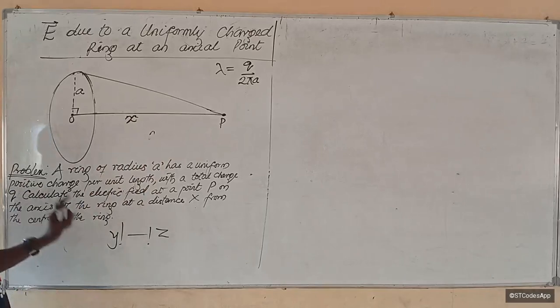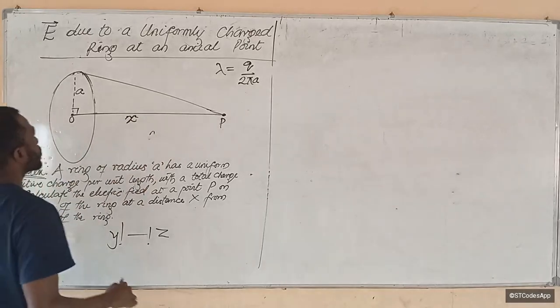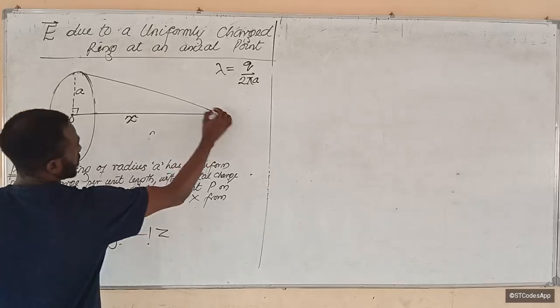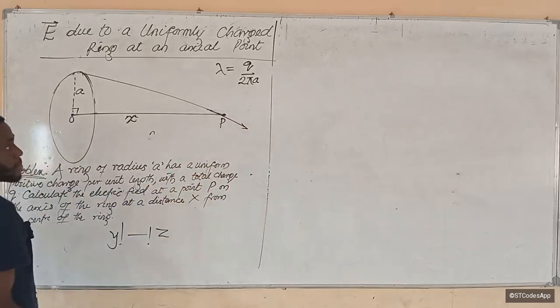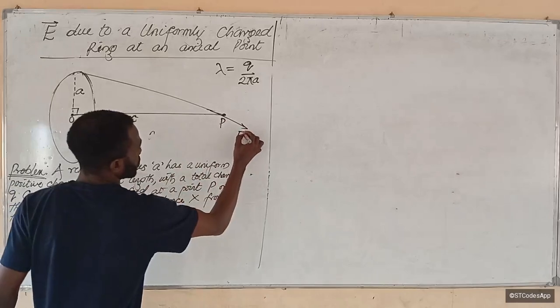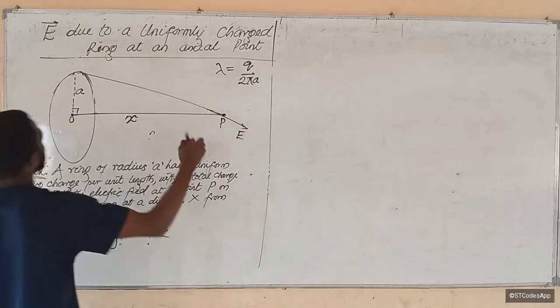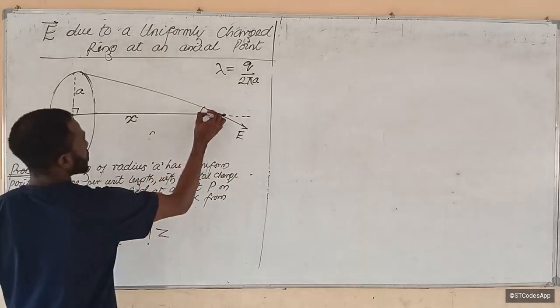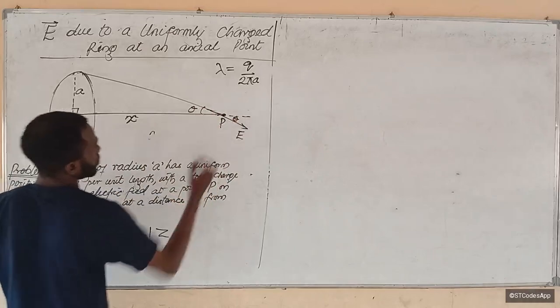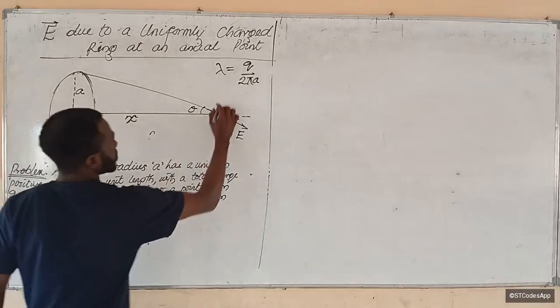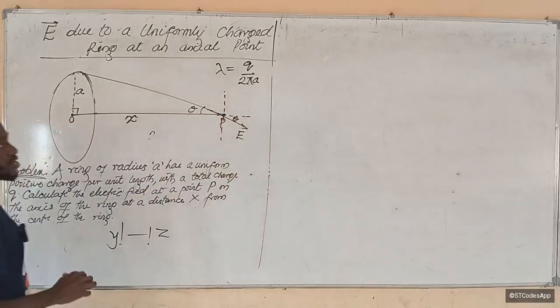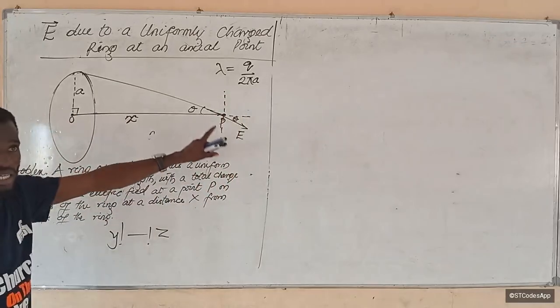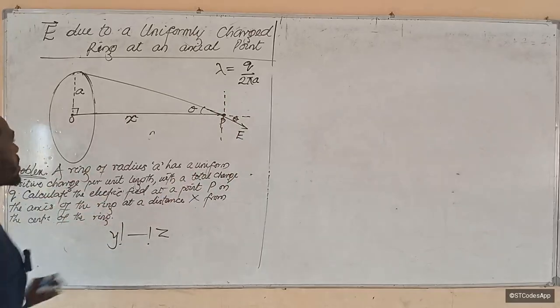So we have to calculate the electric field at this point, E. We know that the electric field is going to be pointing in this direction here. And here is going to be angle theta. This is going to be angle theta as well, okay? Then we draw our normal. I just wanted to put that there. We're not doing anything yet.